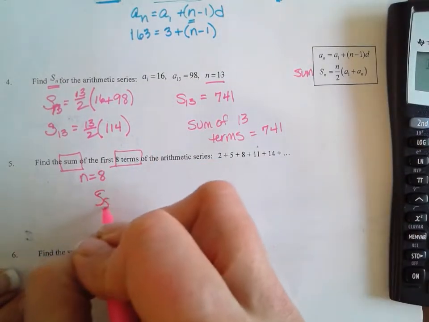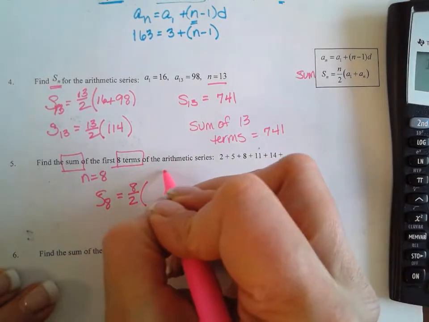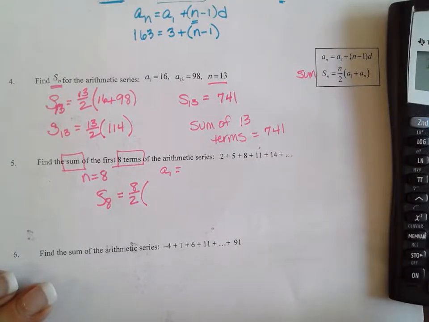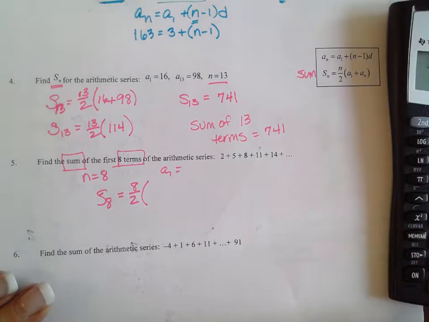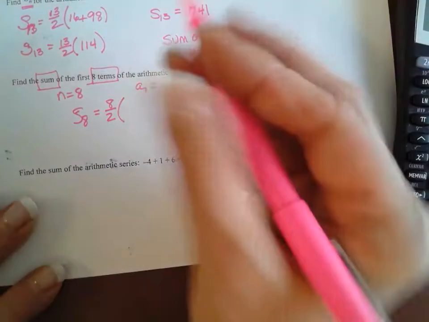So, S sub 8 is equal to 8 over 2. What's my a1? Kaylee, what's a1? Yep.